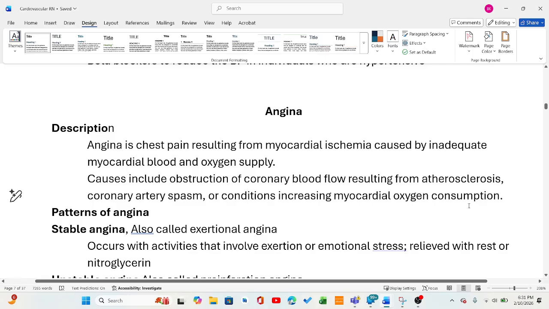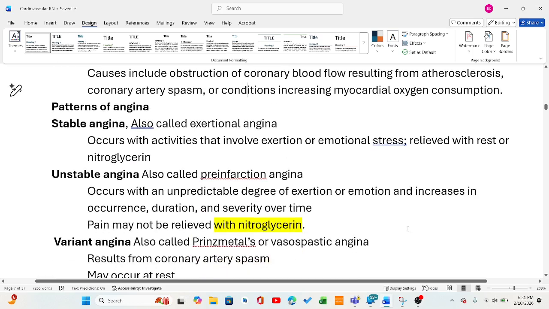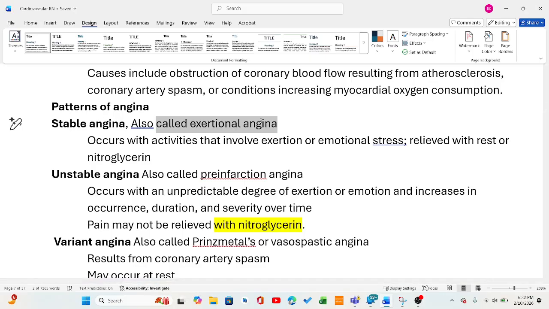And therefore, there are two major types of angina. So one of them is called stable angina. When you talk of stable angina, it means that you can predict what is causing the chest pain. So in this case, for example, if I'm going to mow the lawn and I know that my oxygen demand is going to increase, and I take my nitroglycerin to dilate the blood vessels, I can mow the lawn without having any chest pain.